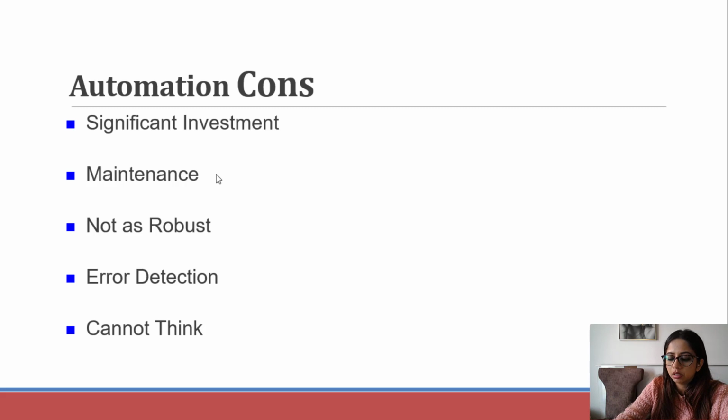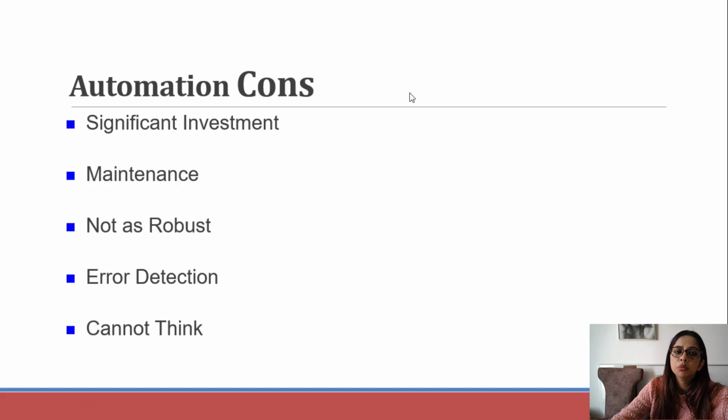He can see the new issue and raise the bug. So that's where automation cannot be relied upon 100%. It needs to be updated with monitoring. Proper manual testers have to monitor what's going on in the system and in the code. So these are some of the cons: significant investment, maintenance, and it cannot think like a human.